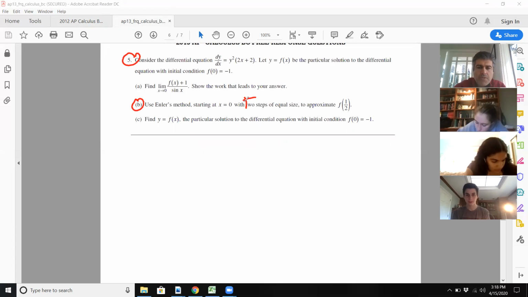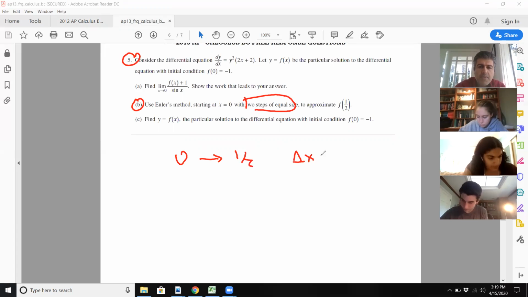So 2 steps of equal size, you're going from 0 to 1/2. So your delta x is going to be 1/4. And you're going to be starting by finding f of 0.25.